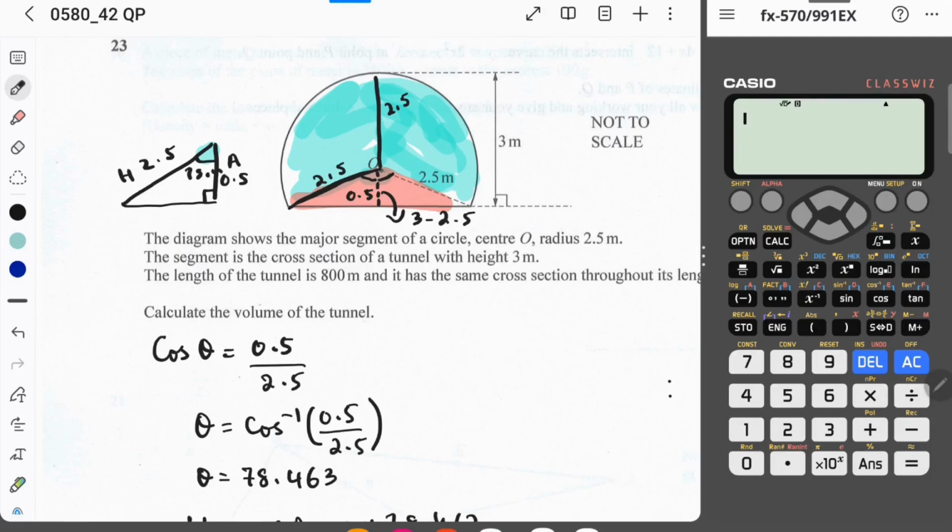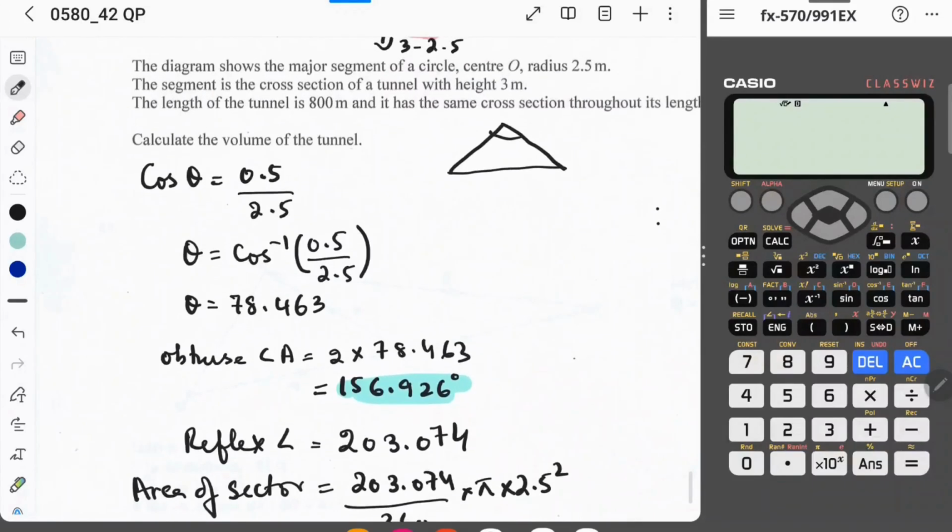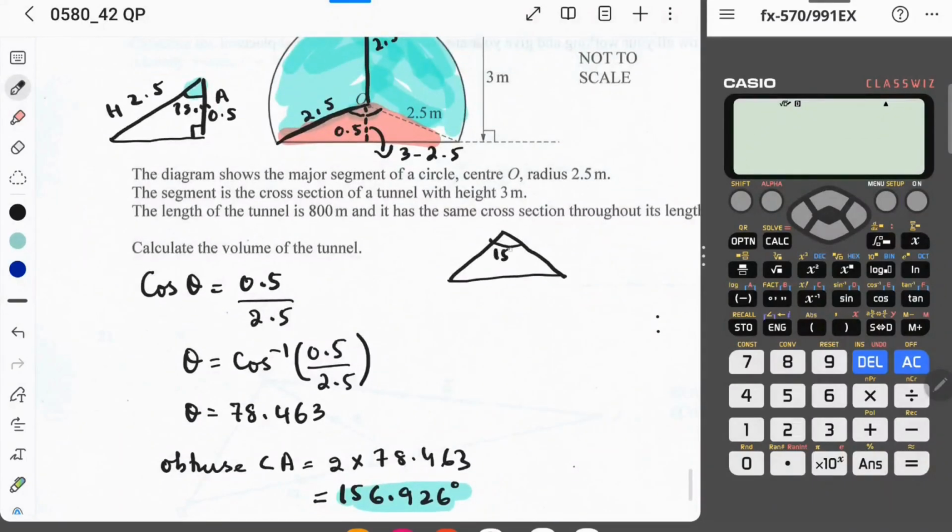Here you can use half ab sine C. This we have found, that is 156.926, and 2.5 and 2.5 is there.